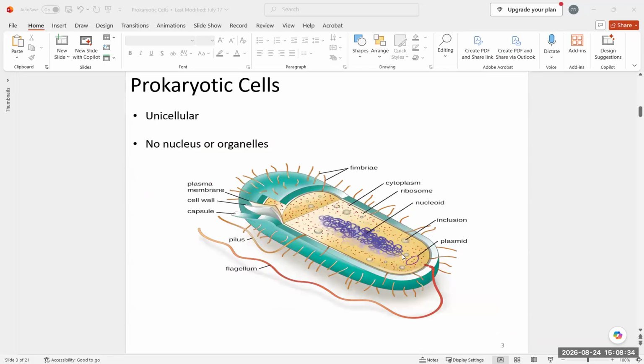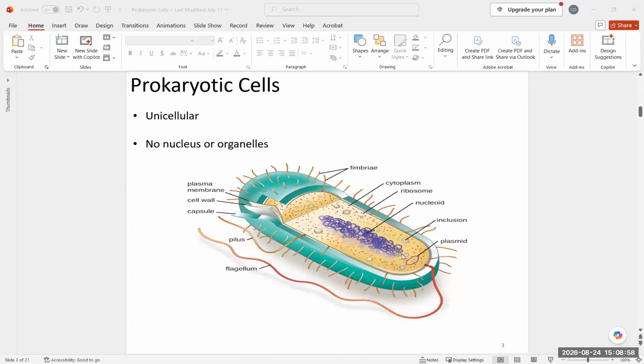So let's zoom in real quick on just prokaryotic cells because that's what the bulk of this class is going to focus on. So as I mentioned before, prokaryotic cells are unicellular. The entire bacteria shown here is one single cell. It is typically much smaller than a eukaryotic cell, and it lacks that internal structure.